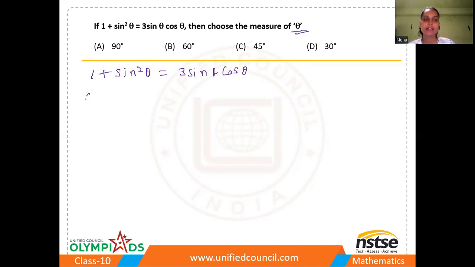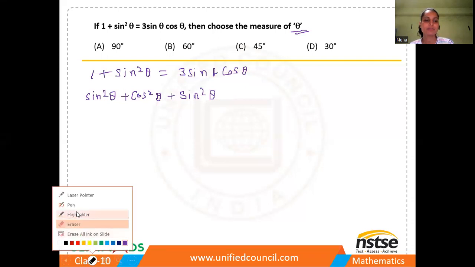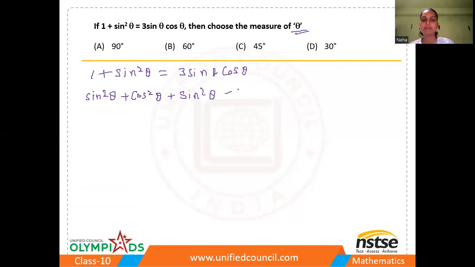So 1 I can write as sine square theta plus cos square theta, and the next term is again sine square theta. And I can shift this term to the LHS, so minus 3 sine theta cos theta is equal to 0.